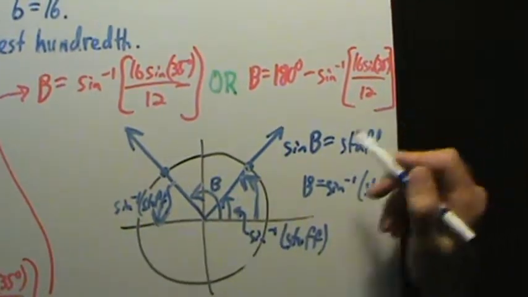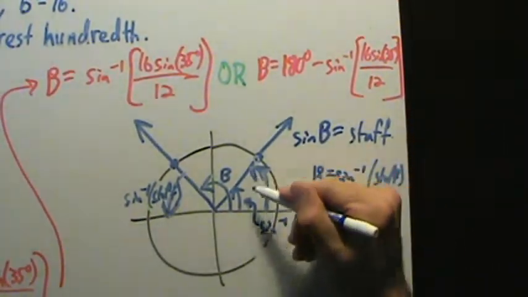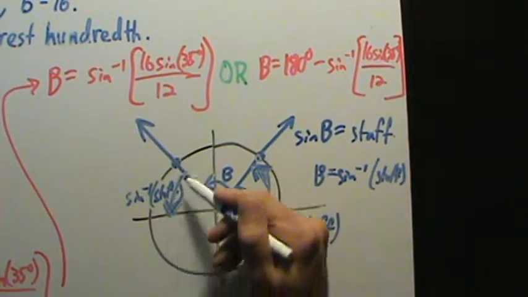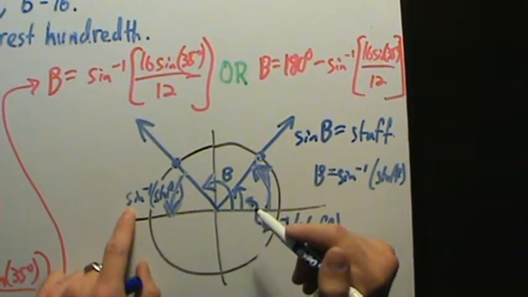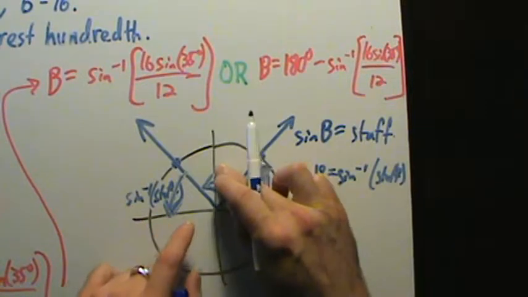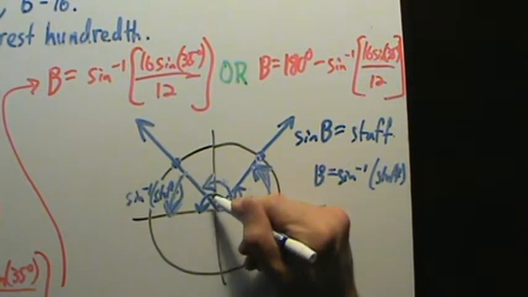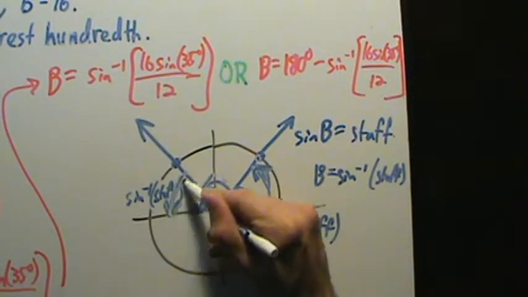Okay, so sine of B equals stuff. This angle right here is exactly the same size and it goes in the same direction, so it's the inverse sine of stuff. So how do we get this angle right here? Well, if we go all the way around, that's 180 degrees. Then we'll subtract off this angle here.